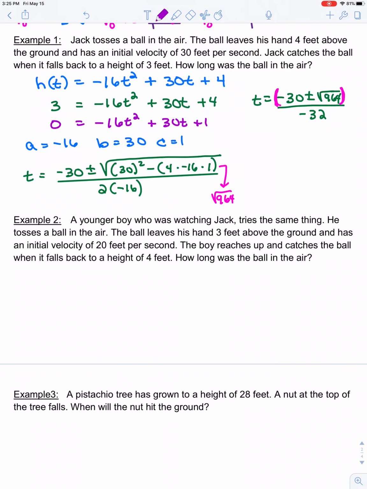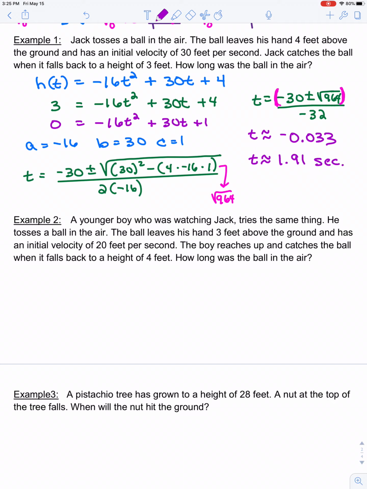One of the answers, t, is going to be approximately, after your calculator does it for you, 0.033, and it's negative. The other one, t, will be approximately 1.91 seconds.